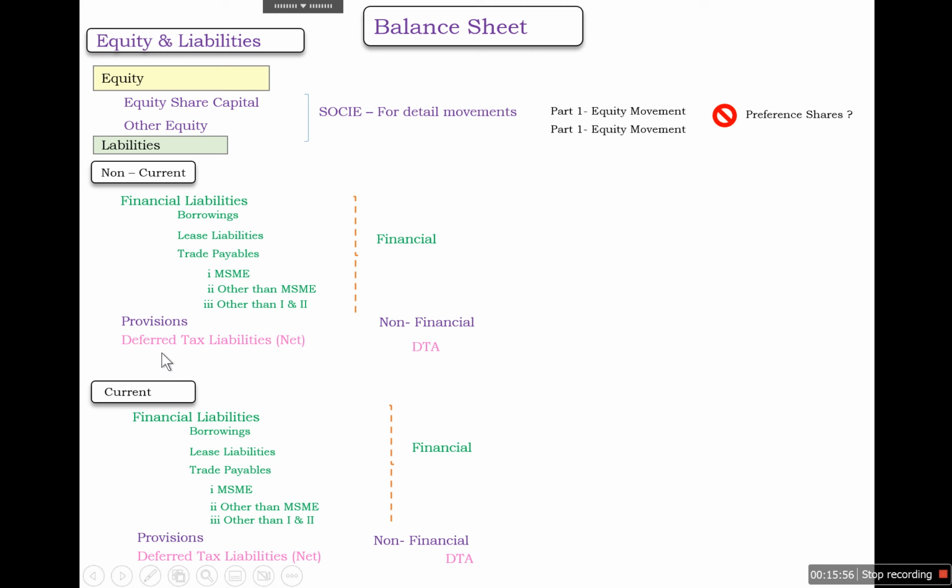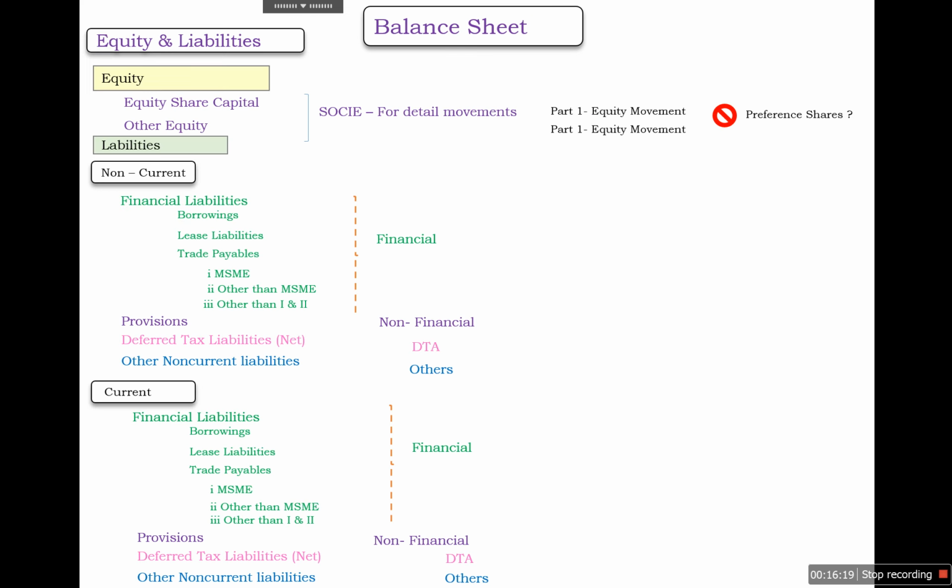And similar to the asset side, again the DTL and other non-current liabilities are presented. So this is all about the presentation of the balance sheet as per Division 2 of Schedule III, that is, in compliance with the Indian Accounting Standards, Ind AS.